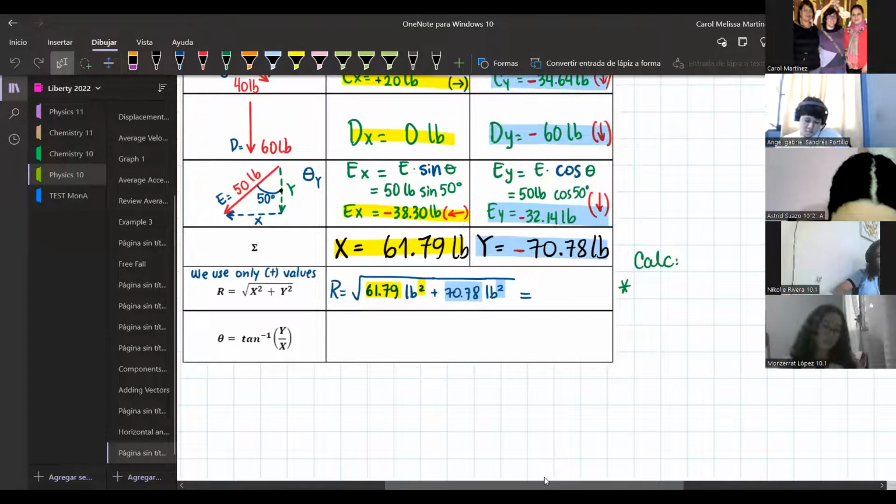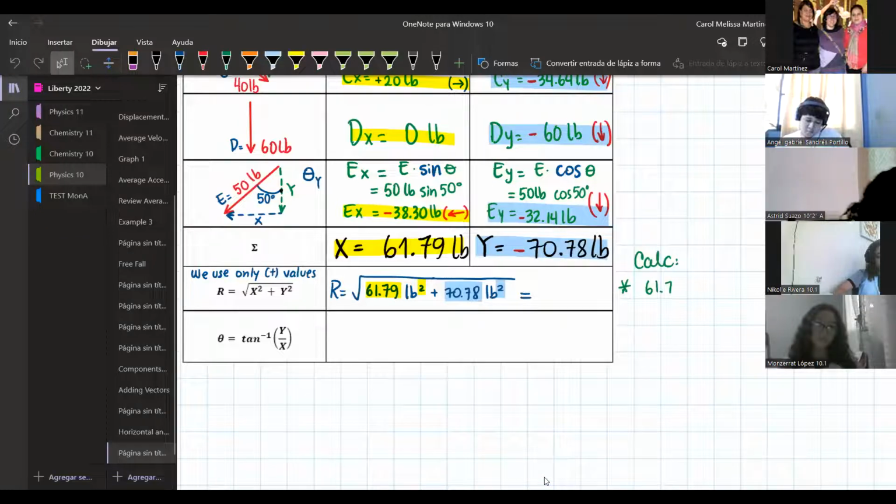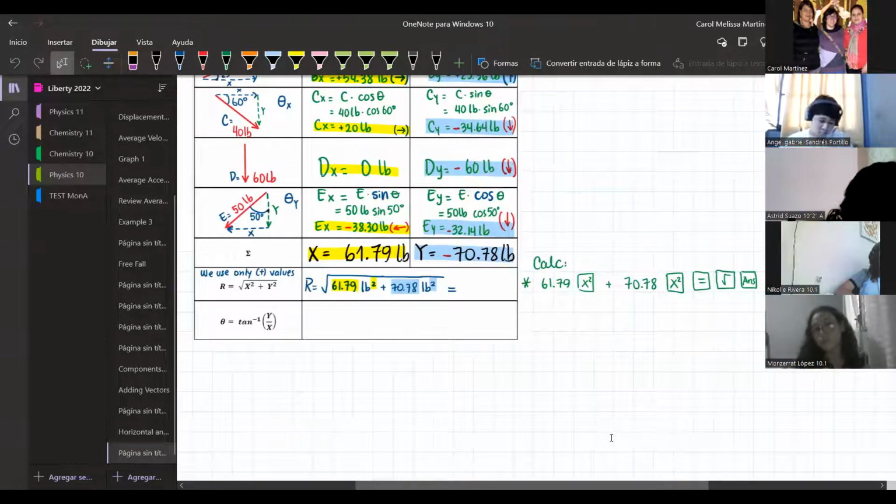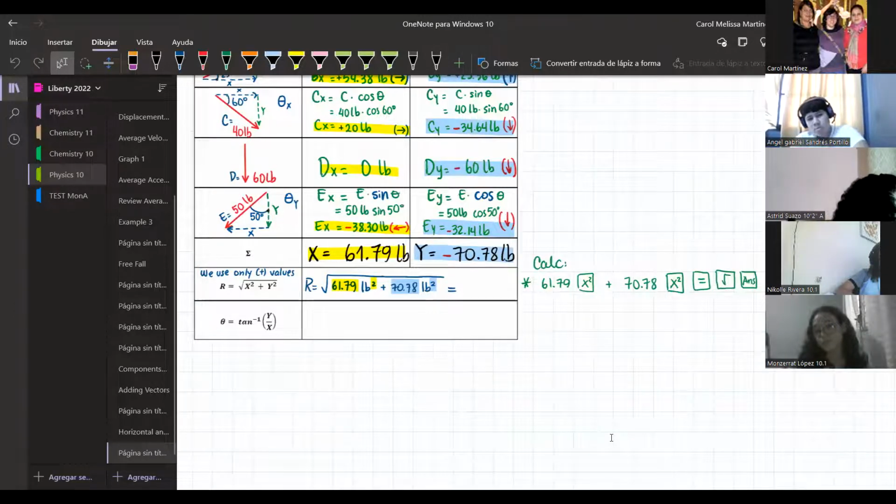So you will do 61.79 and you will press the key square and then plus 70.78 and again you will press the key square, then you will press the key equal, then you will press the key square root. And we get 93.96.